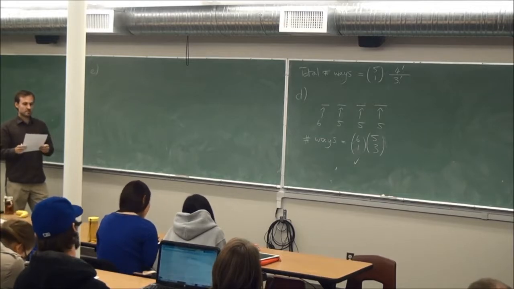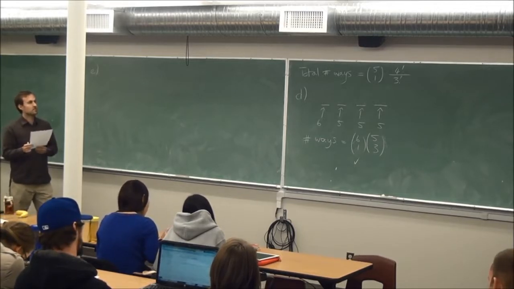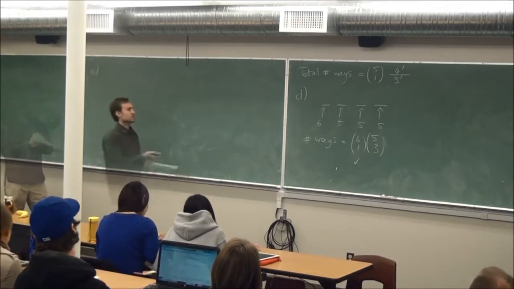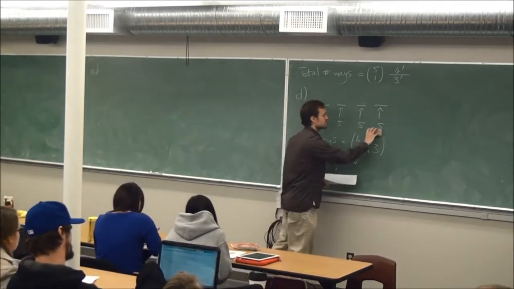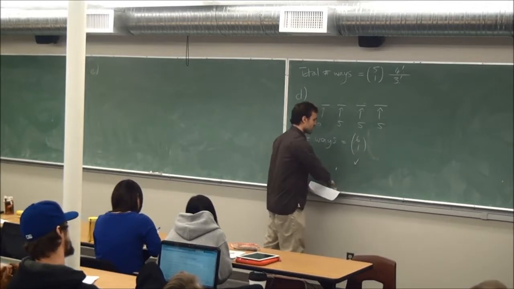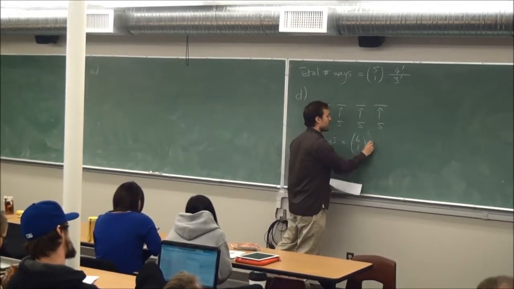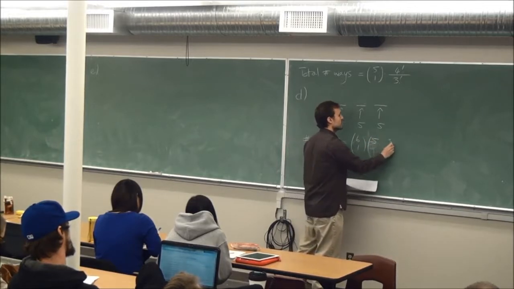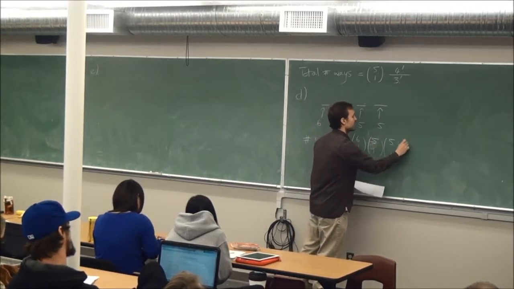Is there anything in the restriction that said that the other 3 numbers should be different? No. So I'm missing out. No restriction said that they should be different. So that's why I could say this: 5 choose 1, 5 choose 1, 5 choose 1.